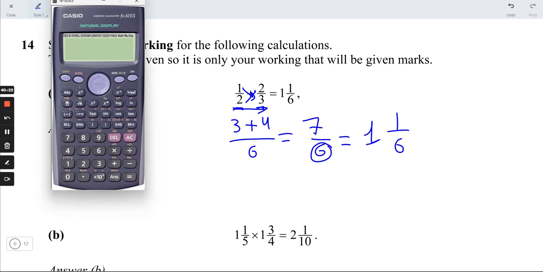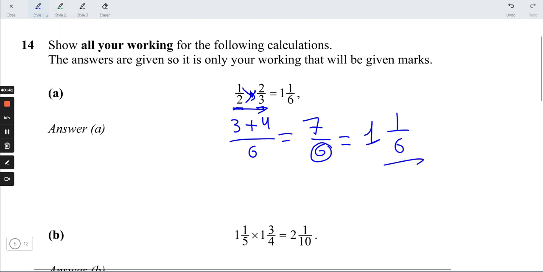So here you can write 7 by 6, it will give you 7 over 6. They will change it to 1 and 1 over 6. Already given, so they need just 7 over 6. And if you want to be sure about your answer, you can use your calculator to check if your answer is right or wrong.